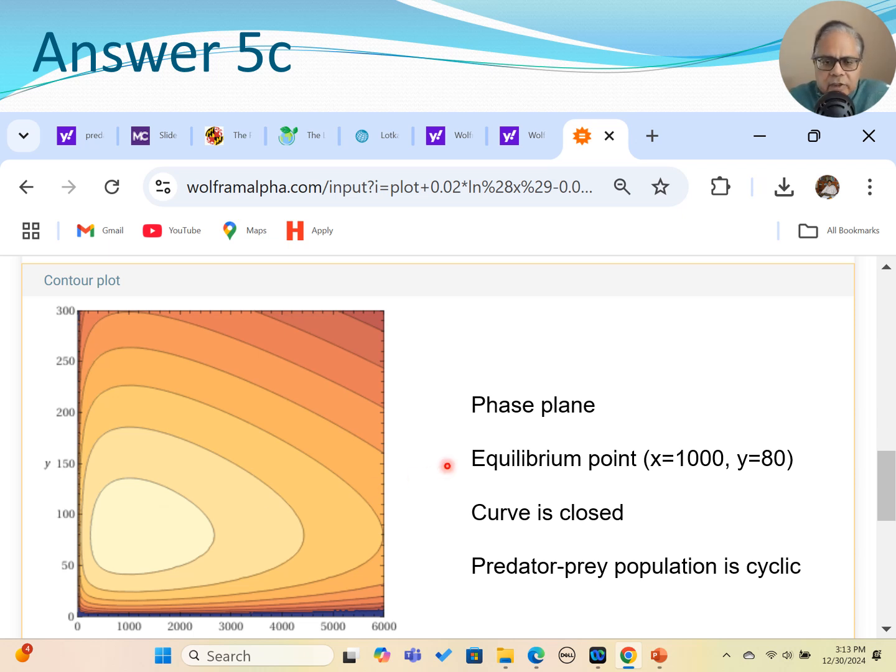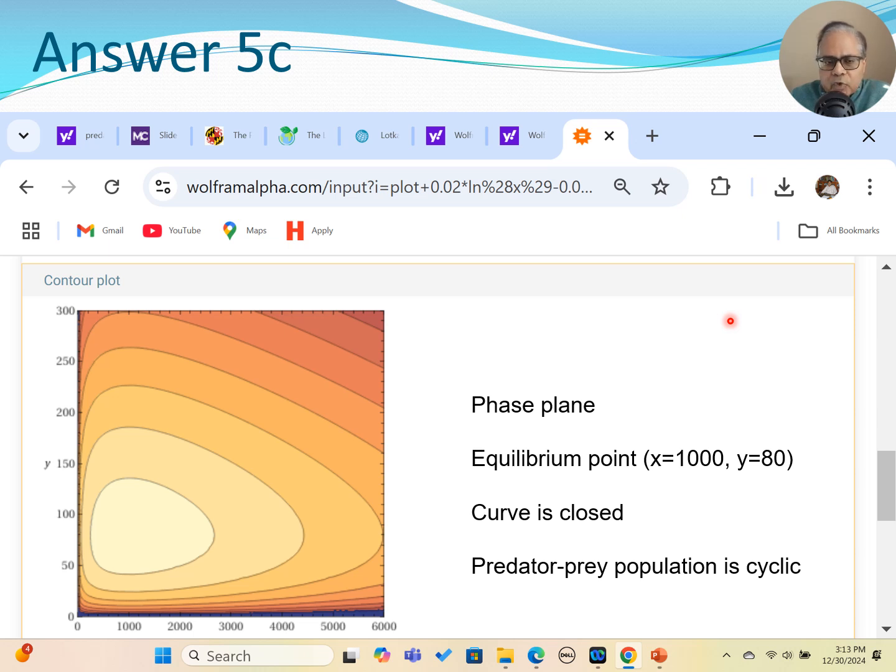Now this kind of phase plane, sometimes also known as a phase portrait, is very important. There are many equations out there which you cannot actually solve mathematically, at least without resorting to numerical methods like Runge-Kutta and so on. You can of course do that in MATLAB. If you check in Google for solutions of the predator-prey equation in MATLAB, you will see code that gives you the solution in the form of x(t), y(t).